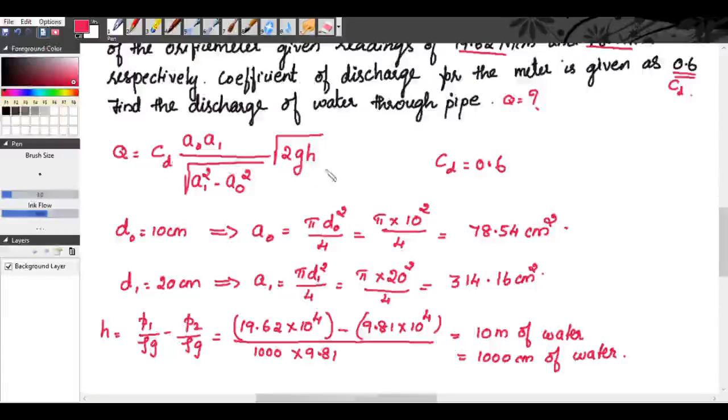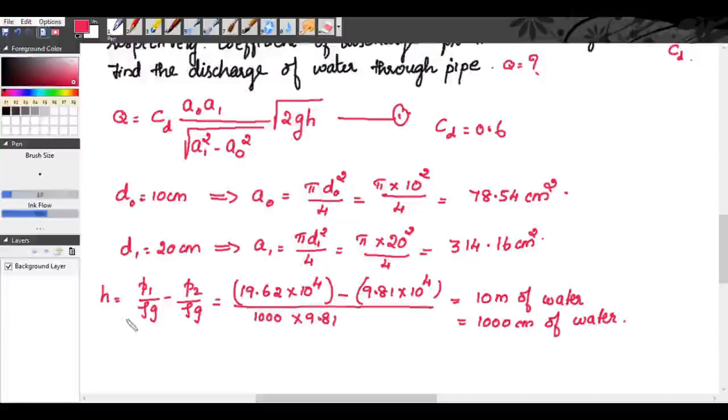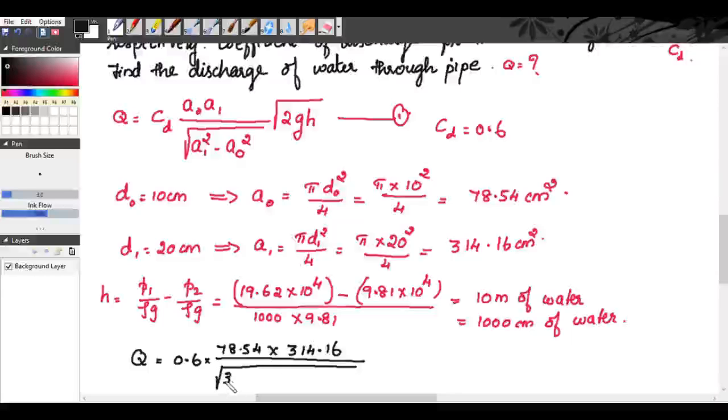Now we can substitute in this formula for Q. Our discharge Q is equal to CD is 0.6, AO is 78.54 multiplied by A1 is 314.16, divided by square root of 314.16 square minus 78.54 square, into square root of 2 into G. Here everything is taken in centimeter.